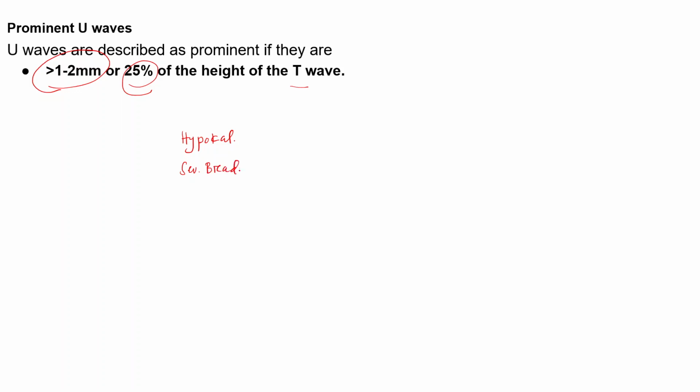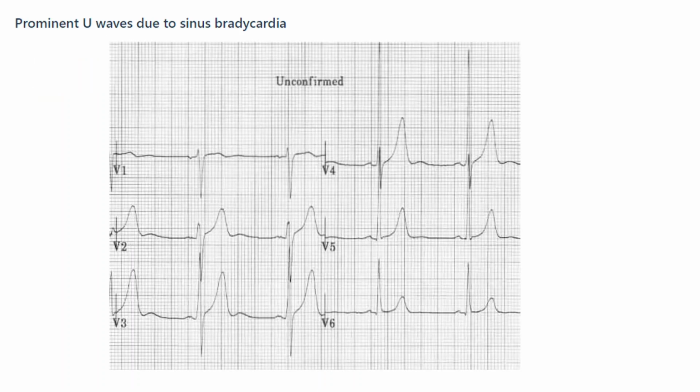There are many other causes also, but I will just be telling the important causes: hypokalemia, severe bradycardia, and digoxin toxicity, where you might get a prominent U wave. These are not the only causes, but as of now, just remember these. So you can see there are prominent U waves due to severe bradycardia.